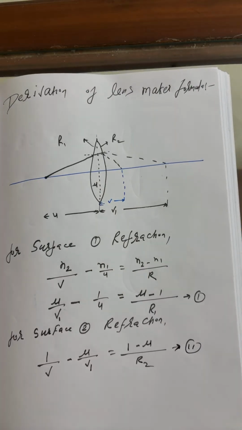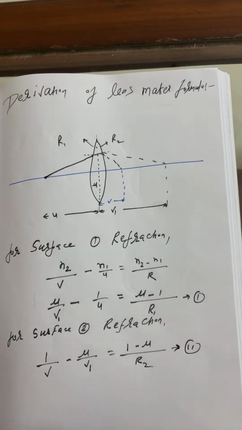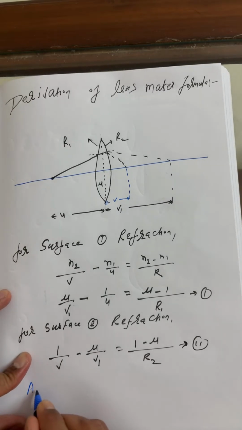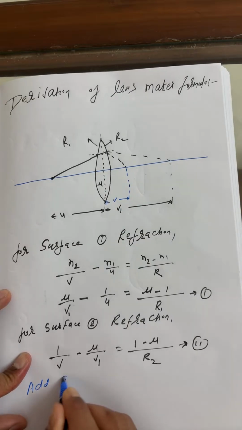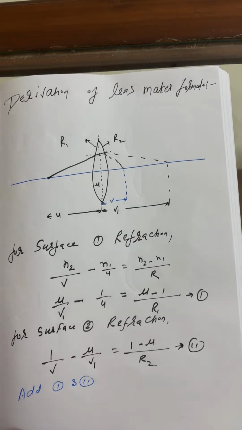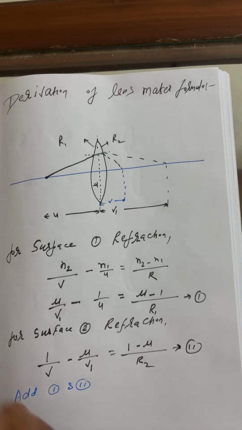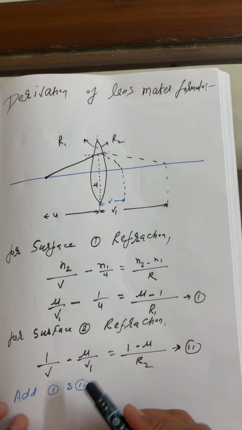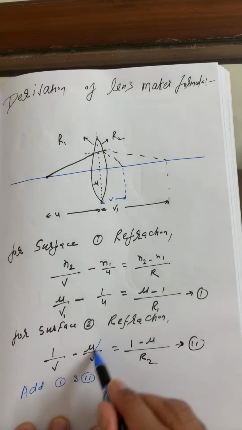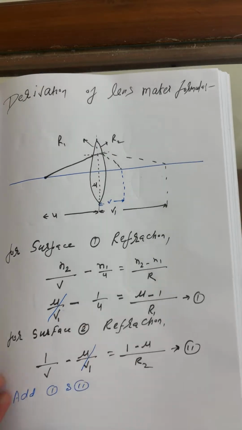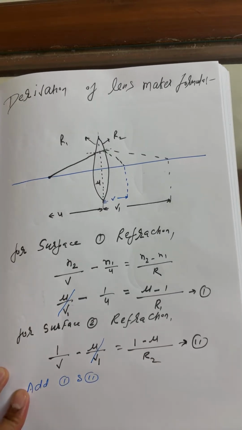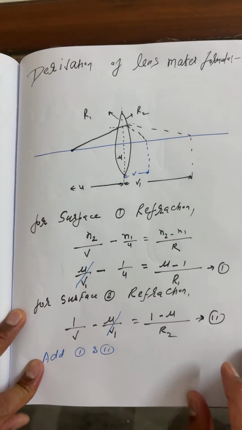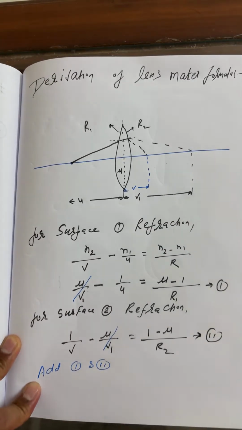Now, students, basically our aim is to find the relation. So simply add equations number 1 and 2. Then these terms cancel each other. So finally, what can you write?